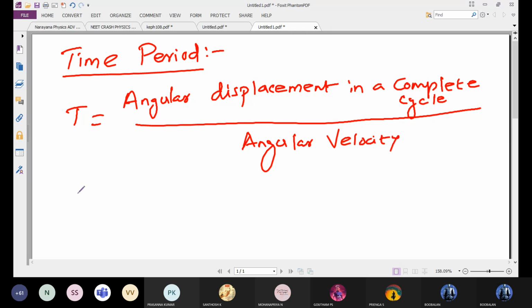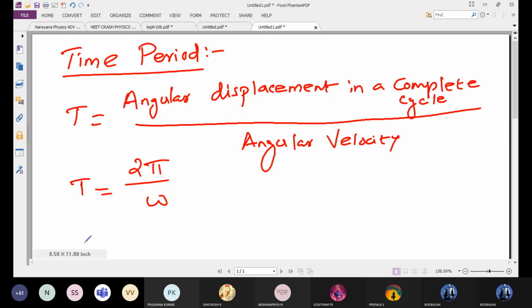Applying the formula, T is equal to 2 pi divided by omega. Omega is the angular velocity and 2 pi is the angular displacement in one complete cycle. So T is equal to 2 pi by omega. This is omega, not W.